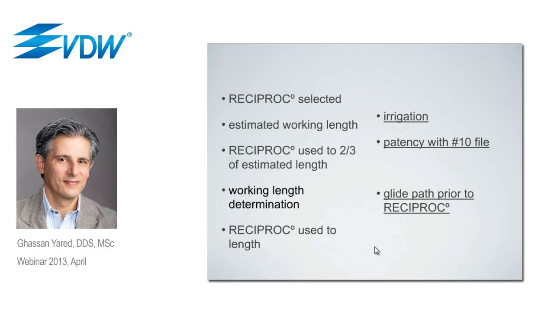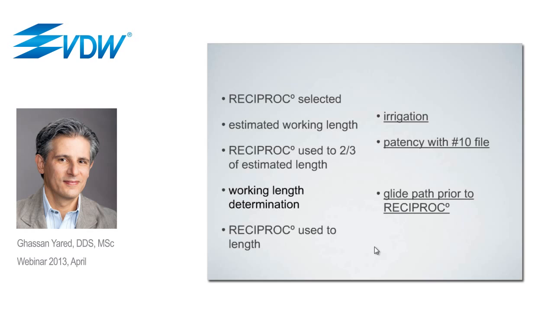Every time we have to pre-curve an instrument to reach length, we know then that there is a complex anatomy. And then an engine-driven instrument should not be used there unless we create a glide path. Now, after creating the glide path, if the hand instrument can go straight in the canal without pre-curving, we know that we can use the R25 to length without any issues.